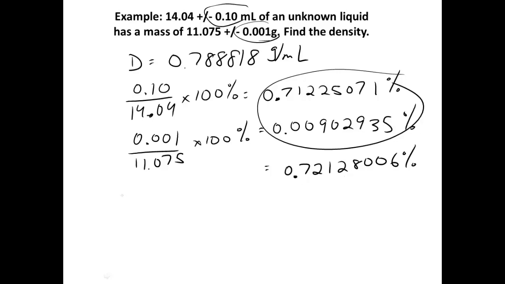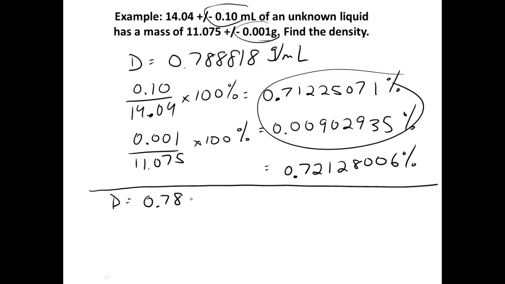So we're almost there. Let's just kind of rewrite what we have so far. The density of this unknown liquid, I'm just going to round a little bit here, 0.788 grams per milliliter, plus or minus, and the uncertainty here is a percent, 0.721%.